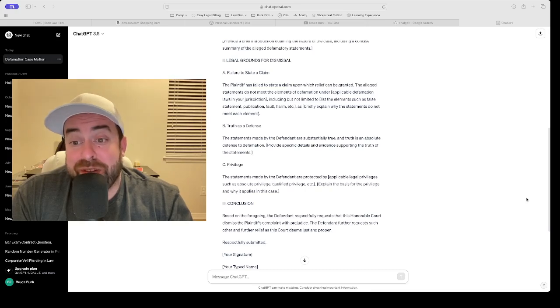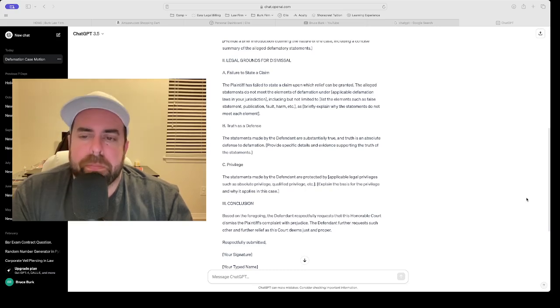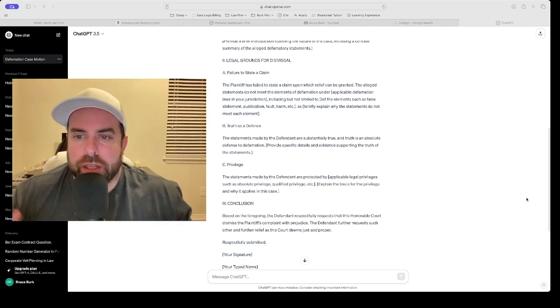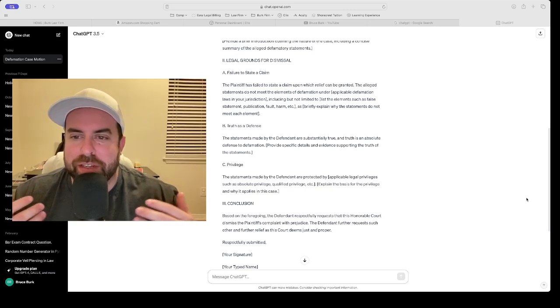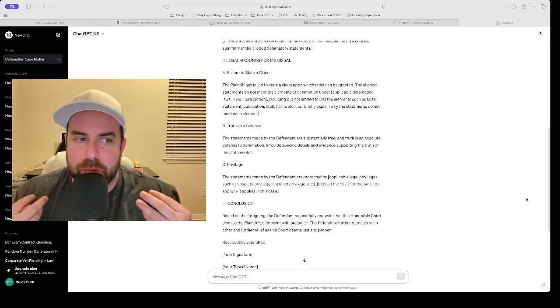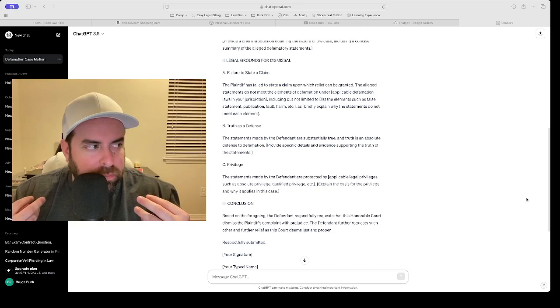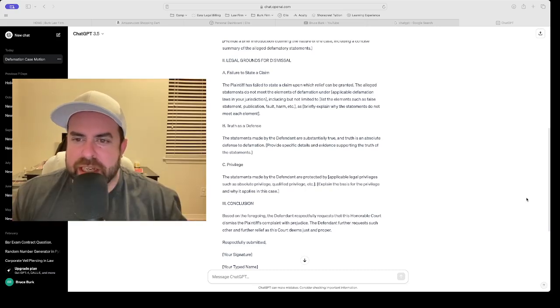Personally, I don't think it's that good. People are all about it, can draft this and draft that. Really not, right? And I think the main reason is drafting legal documents is so fact intensive.